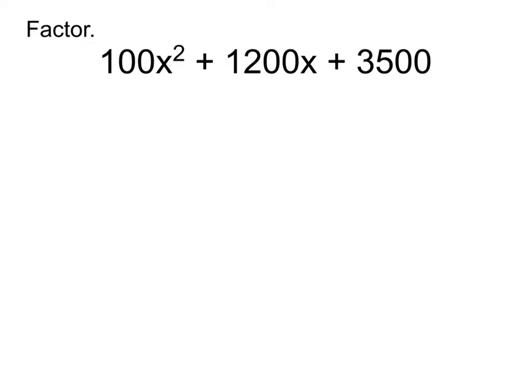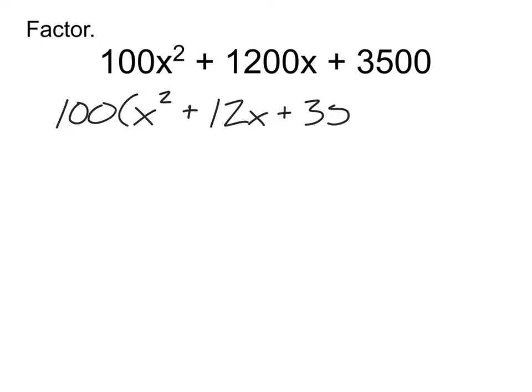Yeah, since they all end in double zeros, we want to divide them all by 100. So I'm going to start by factoring out 100 from this whole thing. So when I do that, 100x squared divided by 100 just gives me x squared, plus 1200 divided by 100 is 12, so that's going to be 12x, plus 3500 divided by 100 is 35.